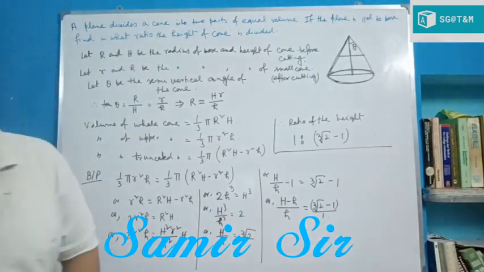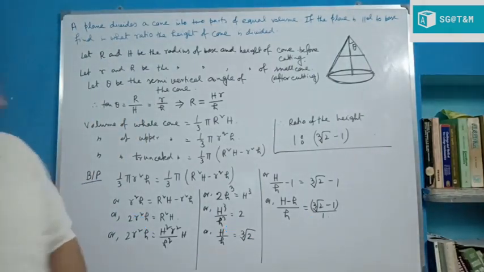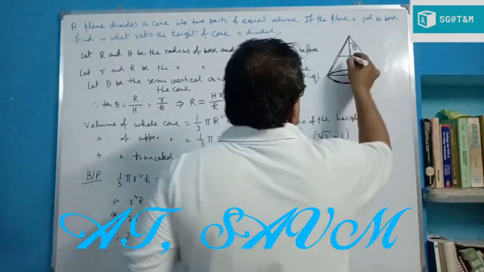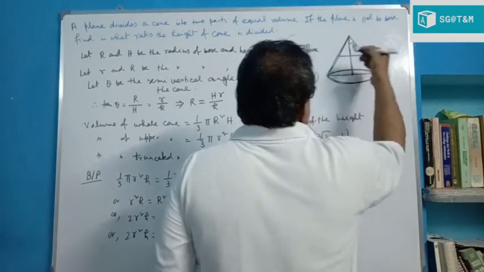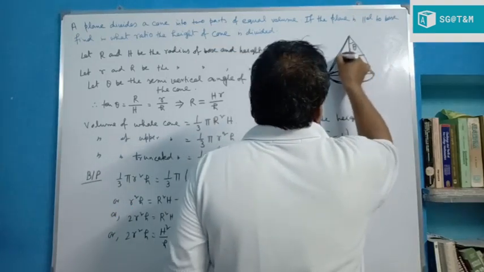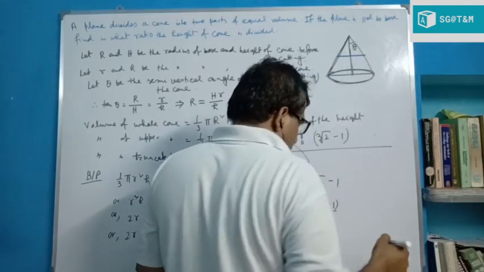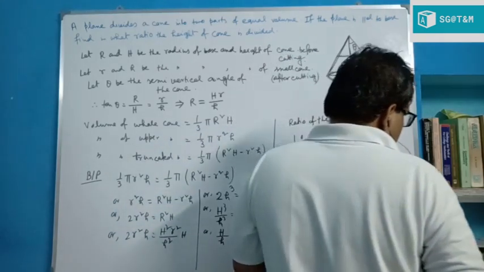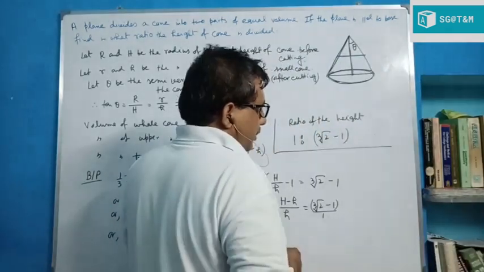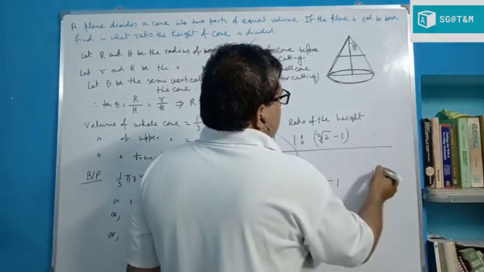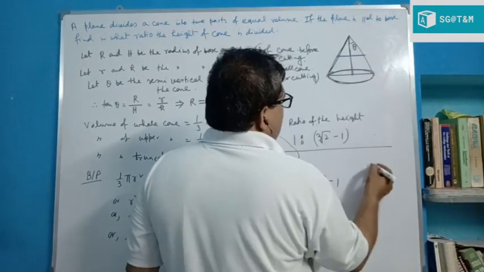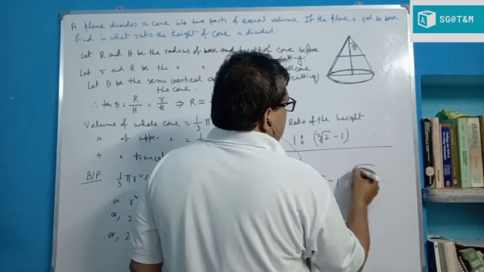Suppose this is a cone. We take a section. Now we divide this, and then we get another shape. This is the upper portion. After cutting, the lower portion will be in this way.